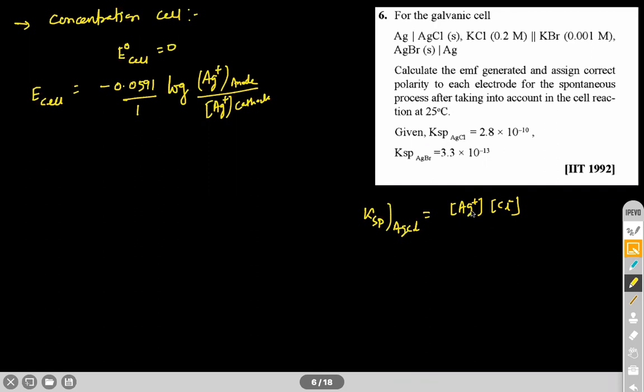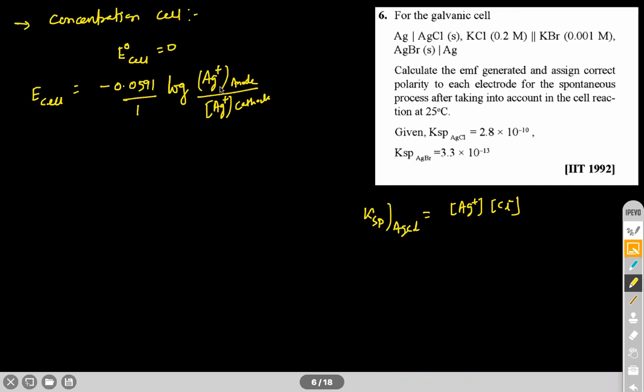So we can substitute Ag plus from Ksp of AgCl, and we can substitute the concentration of Ag plus from AgBr.